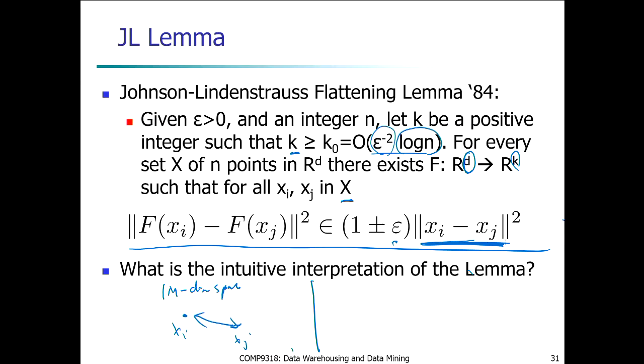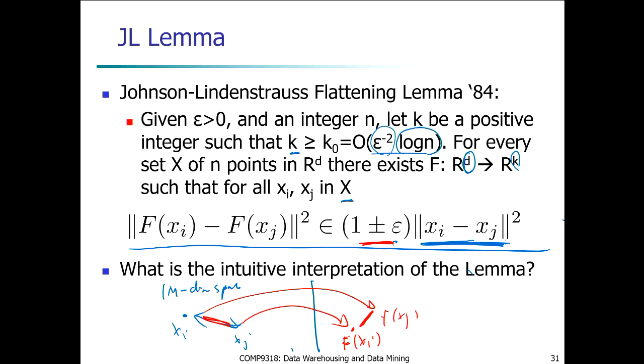If I didn't say otherwise, usually it's the 2 norm, just the Euclidean distance. So there exists a linear mapping f into a smaller dimension space, apply f on xi and apply f on xj, so the distance here and the distance here only differ by 1 plus or minus epsilon.